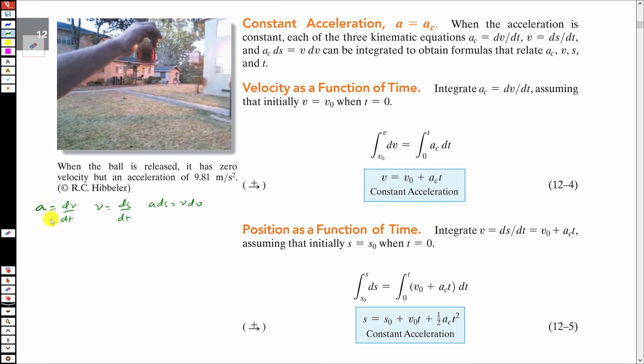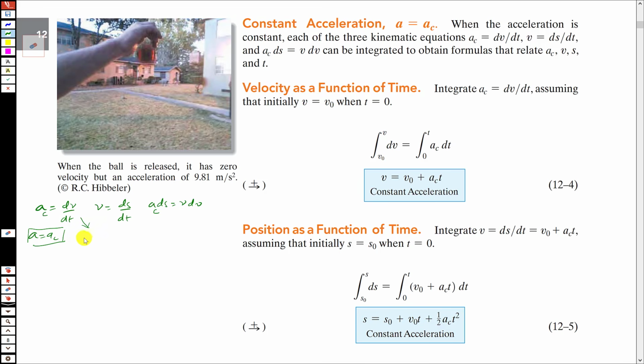If the acceleration is not changing, we put a equal to a constant, and then we will find the velocity and the position by integrating these differential equations.